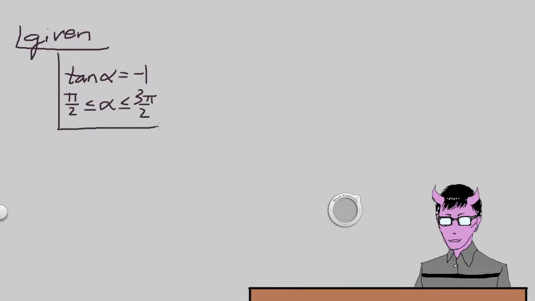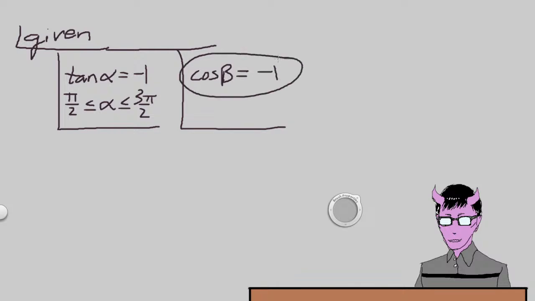So given information number 1 and then given information number 2: cosine of beta is equal to negative 1. I hope you recognize this scenario. And then we're asked to evaluate sine of alpha minus beta.